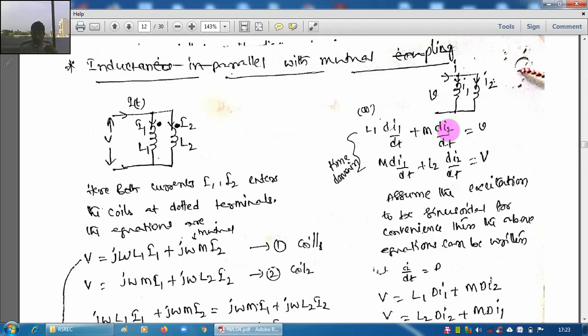This EMF is due to the current in the second coil, therefore M di2 by dt, and the polarity of this M is positive as per the dot convention, the same dot convention here also, just the dots are not marked, same circuit.